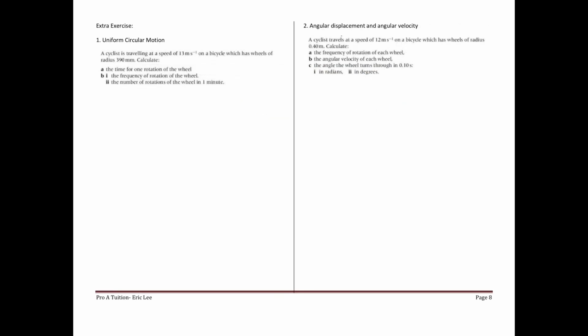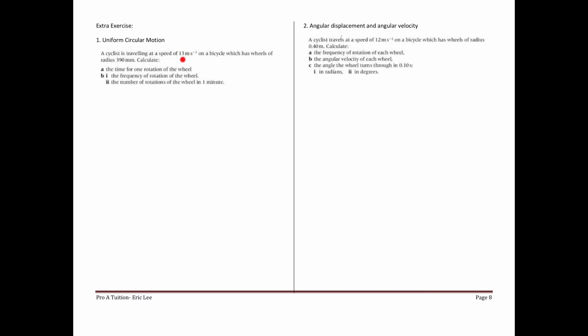So let us see more examples on page 8. So we look at page 8 straight away. Let us look at the question here. A cyclist is traveling at a speed of 13 meter per second.